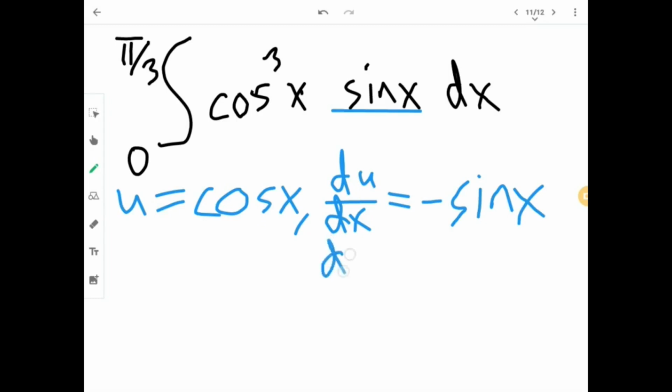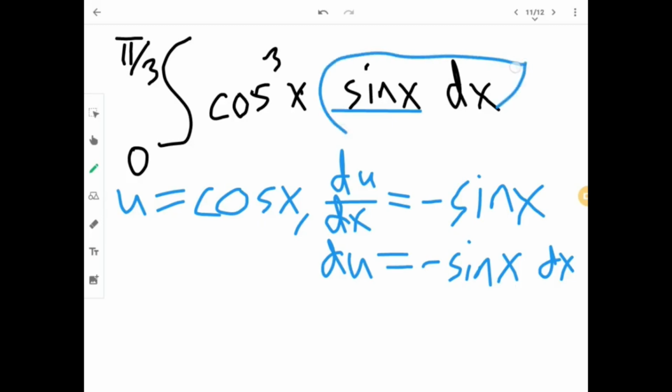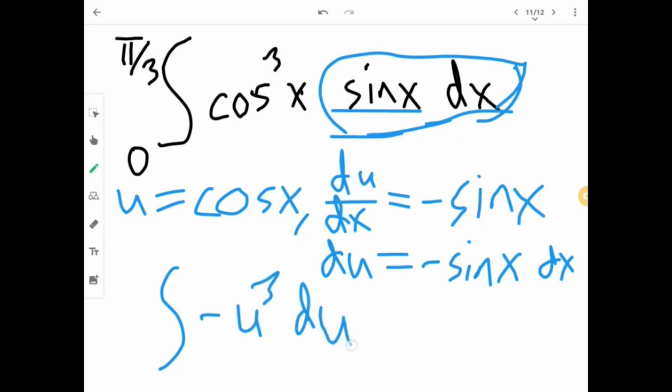So du becomes minus sine x dx. Here you have sine x dx, so you can take it away, but you need the minus. Then it becomes the integral of minus u cubed du, and for the bounds, since u is cosine, you substitute these in.